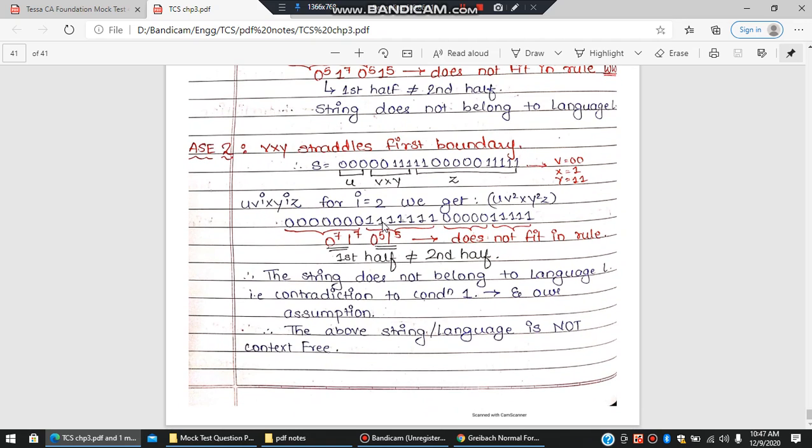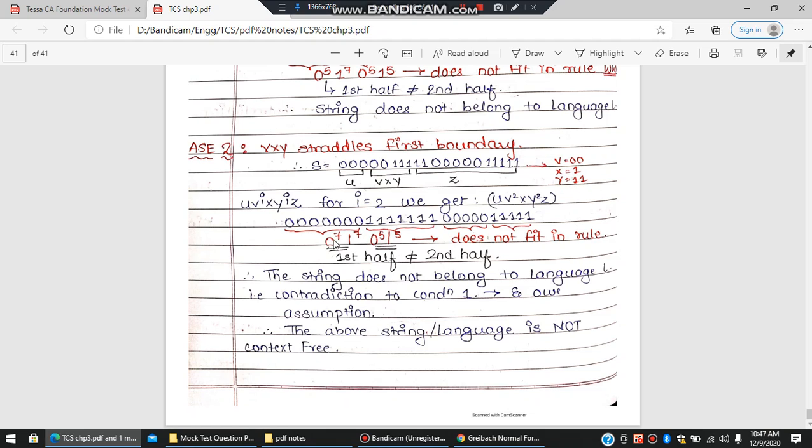Similarly, here in case 2 it is given, this is just the title you give. You can divide it into any number or any form you want. So here the division I have taken is: b ka value is 0 0, x ka value is 1 and y ka value is 1 1 over here.